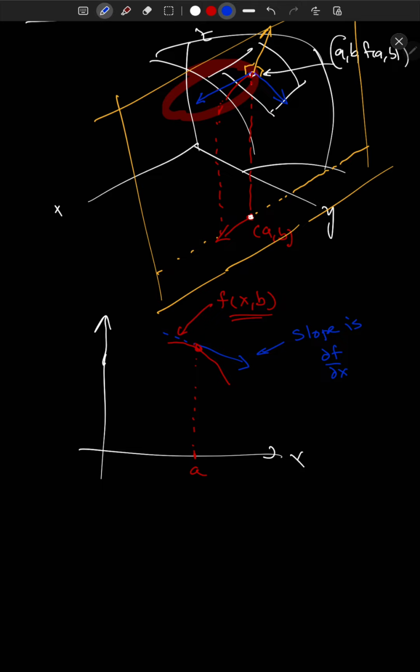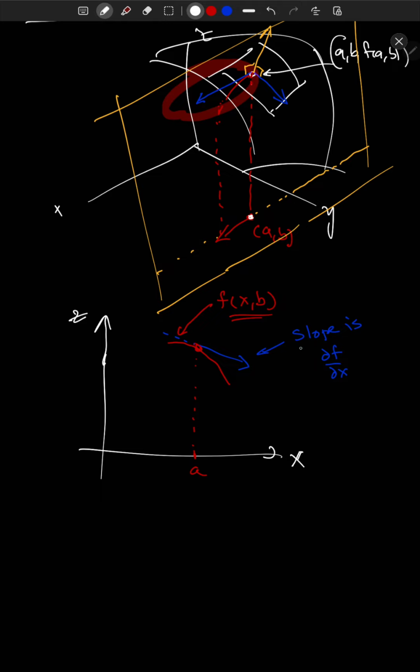That's literally what we learned df dx was from one variable calculus. Of course, we're looking in the x comma z plane, but no real difference in terms of what's going on here. So if the slope of that is df dx, what exactly is this in terms of a vector? How do we write it in terms of a vector?